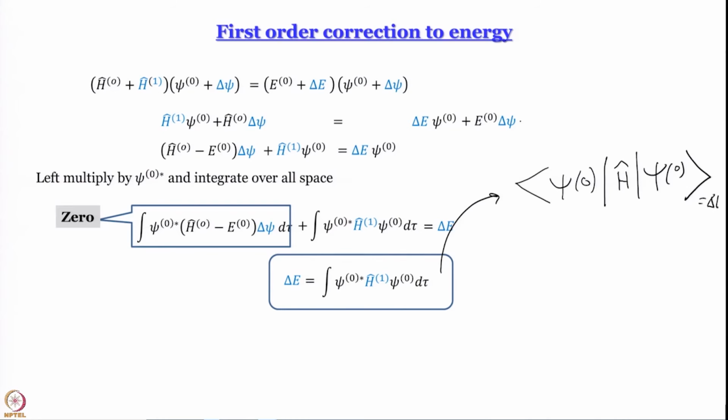This is your delta E. I think we are now familiar with this expression, there should be no problem. So, we have got an expression for the first order correction to energy.